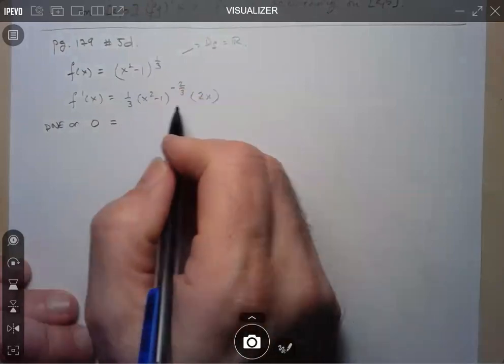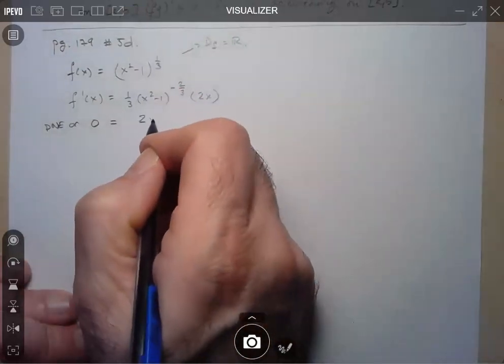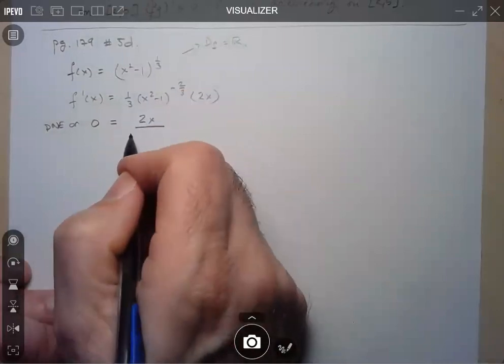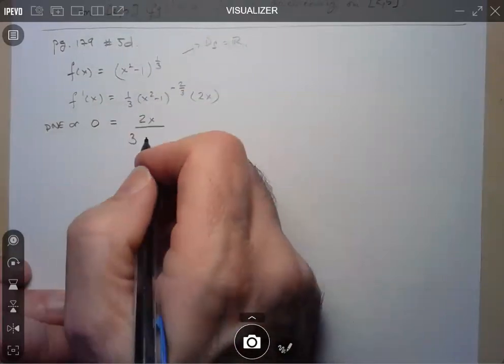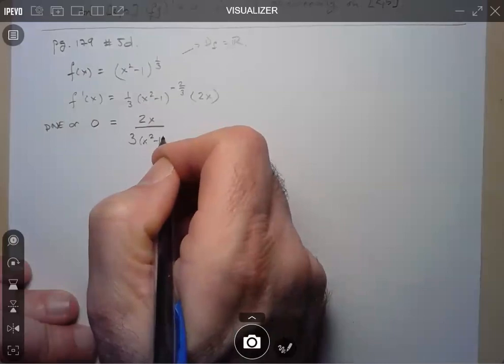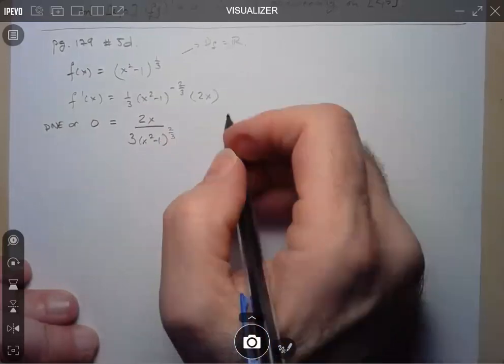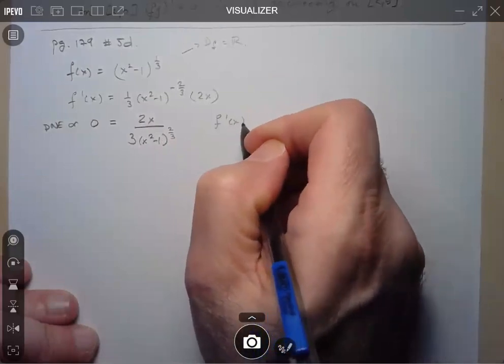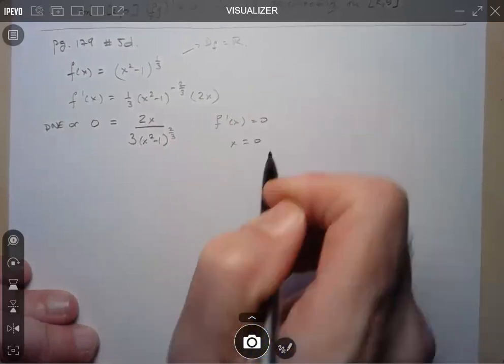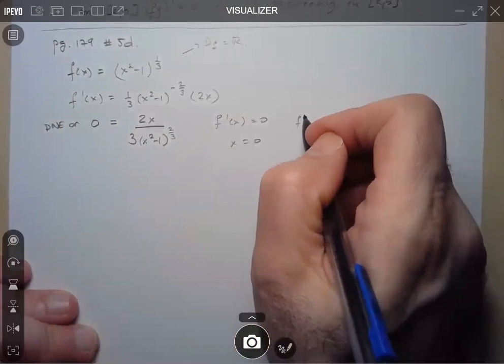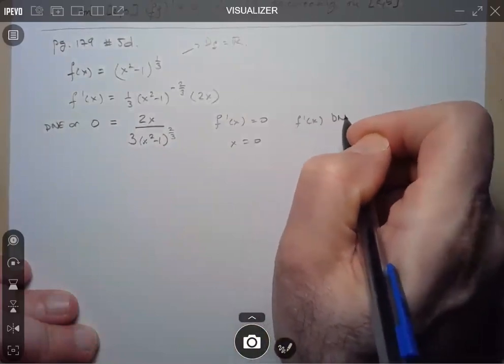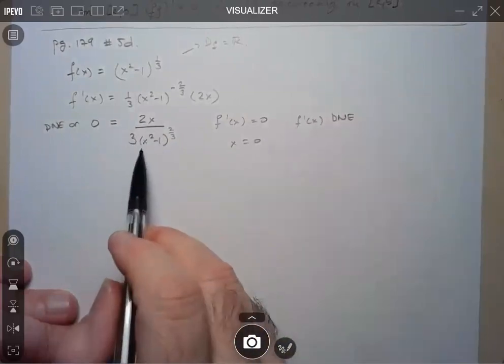Okay, so I'm going to clean this up before we do any work. So 2x, the 3 will be in the denominator, and here this is going to be x squared minus 1 to the 2/3. Okay, so f prime at x is equal to 0 if x is equal to 0, and f prime at x does not exist if the denominator is equal to 0.